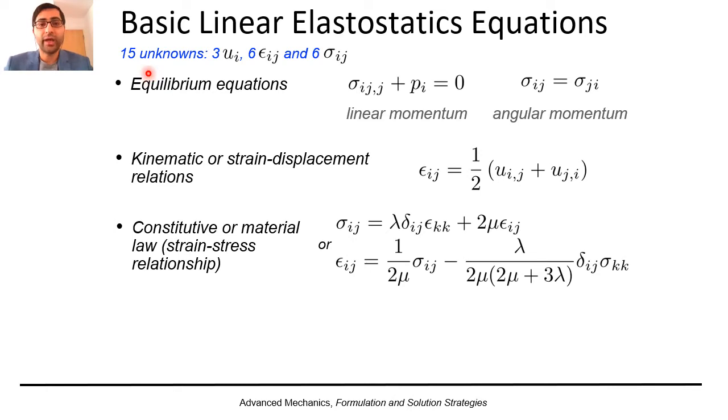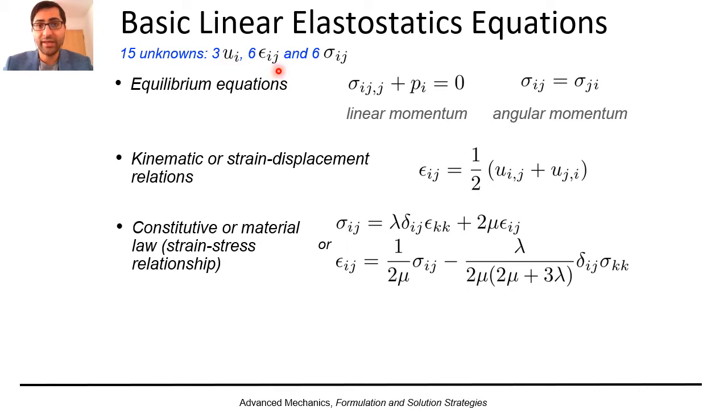In total, we have 15 unknowns. We want to find the displacement field in the material, how the body particles move. We want to know the strains, and we want to know the stresses. The displacement field is in 3D space, so we have three unknown displacements.